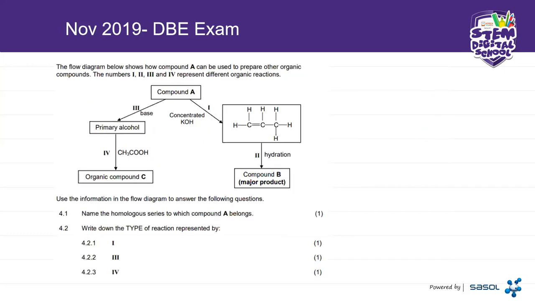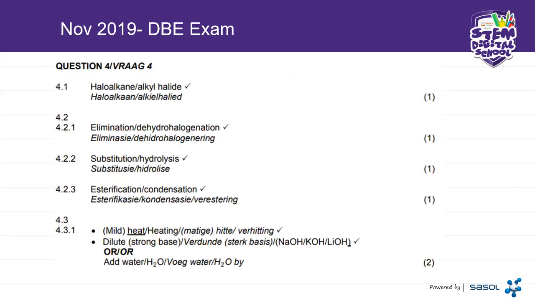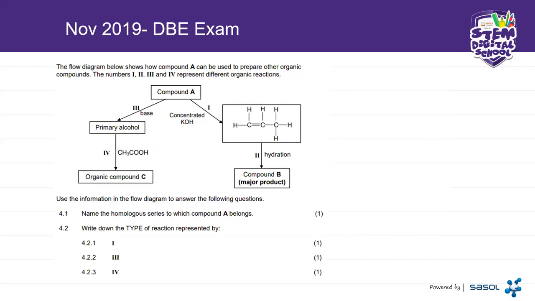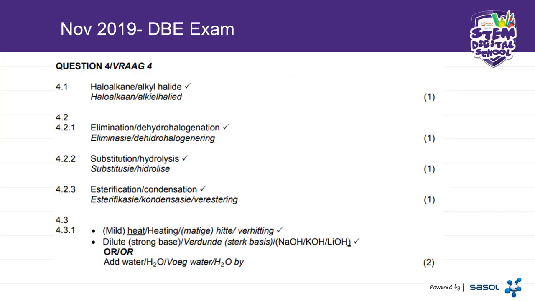This compound here belongs to the haloalkanes, or alkyl halides. I'm sure you still remember this from when we did our functional groups two weeks ago. That's what you're going to get for 1 mark. Make sure you either write haloalkane or alkyl halide. Those are the important terms, and you will get your 1 mark from that.